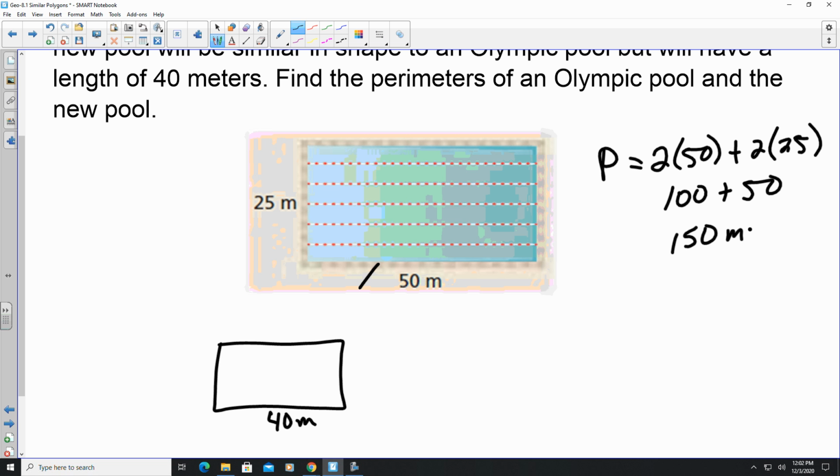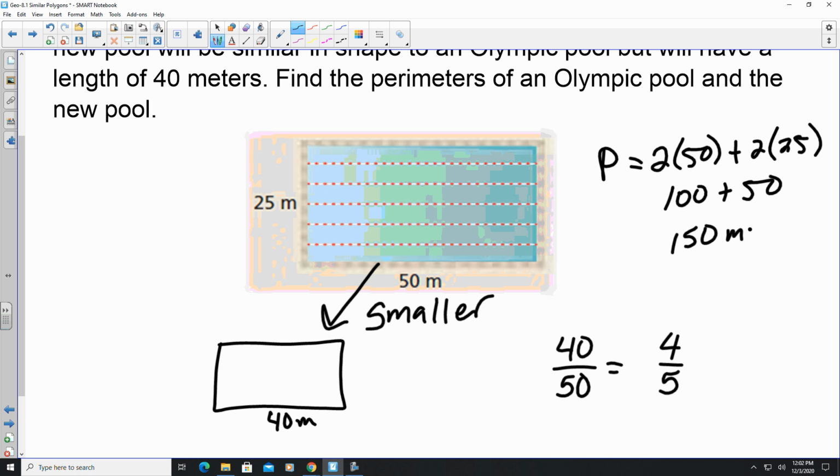Between this shape and this shape, it's getting smaller, so I know my scale factor is going to be a fraction between 0 and 1. I can take my known value here, which is 40, divided by my known value here, which is 50, and that means my scale factor is 4/5.